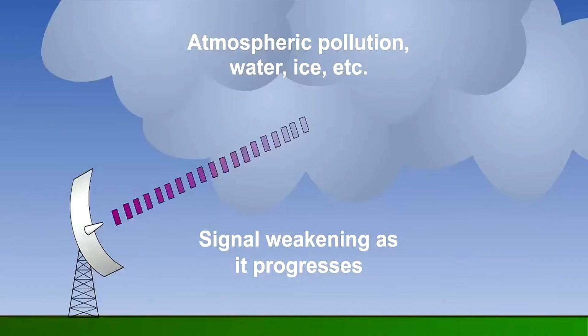You will recall that the wavelength of radio waves in the microwave bands, 3 to 300 GHz, ranges from 10 centimeters down to a millimeter. Water droplets have similar sizes, and that is why they reflect and scatter radio waves.